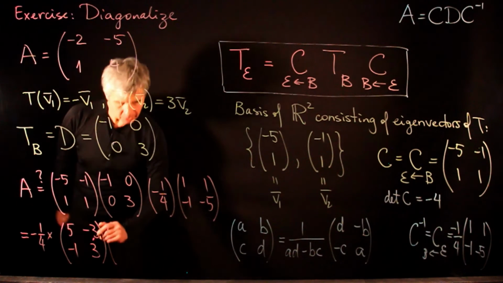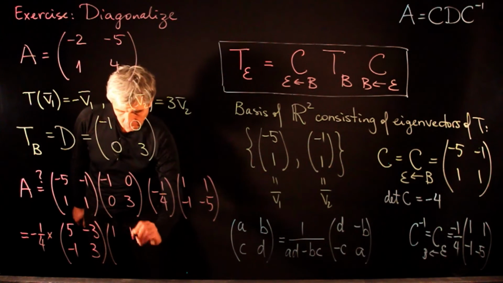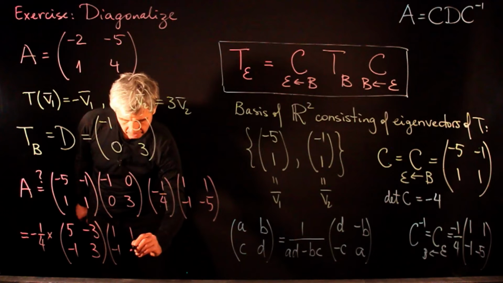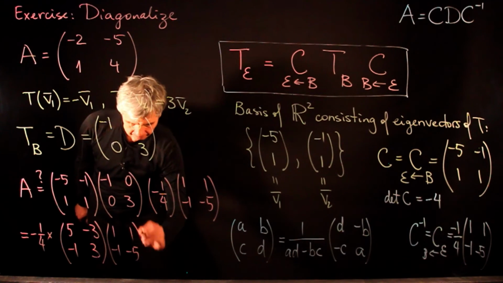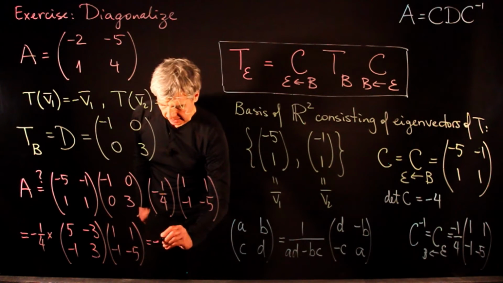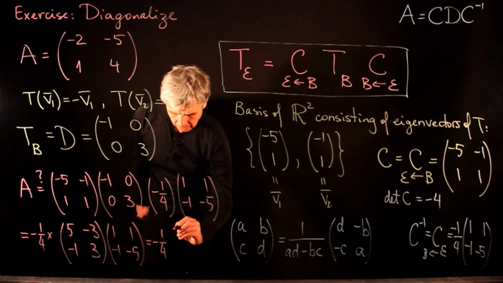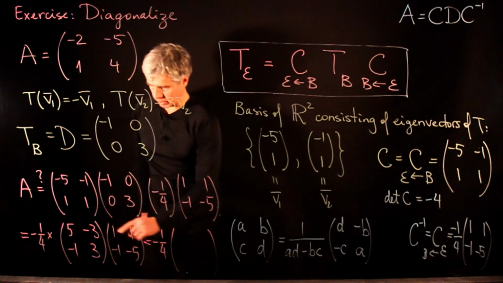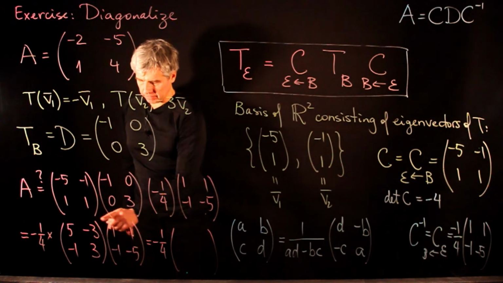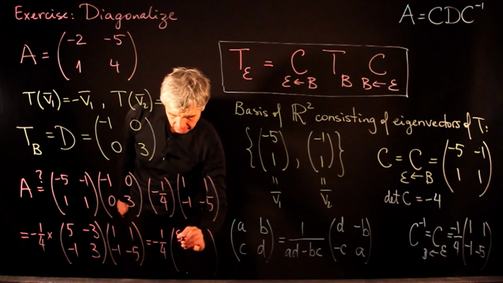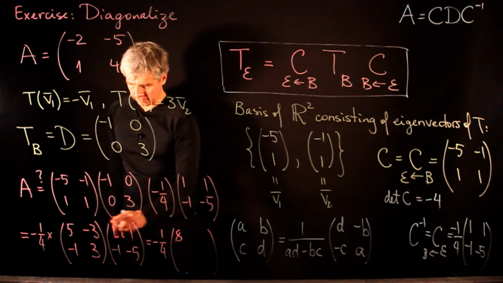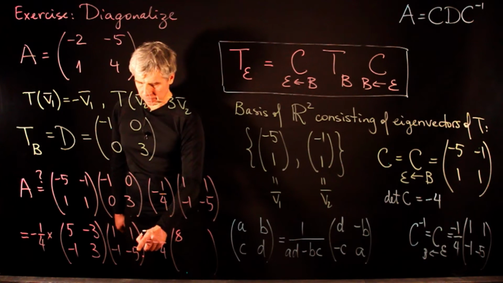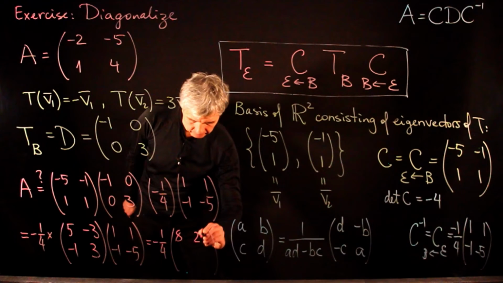And we need to multiply this by 1, 1, minus 1, minus 5. So this is negative 1/4 times the following matrix. So we have 5 plus 3, that's 8. Then we have 5 plus 15, that's 20.